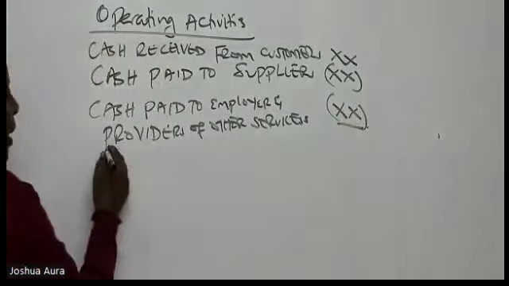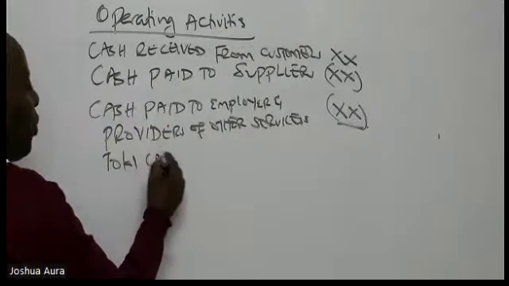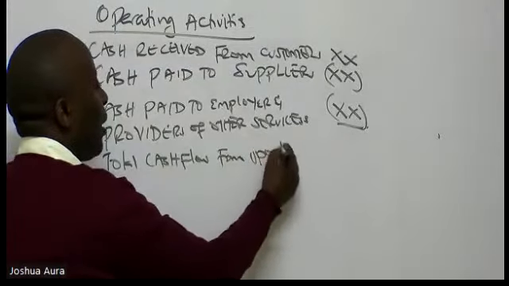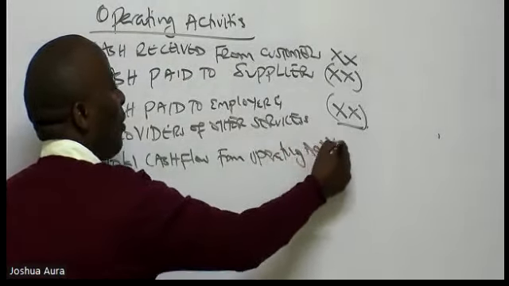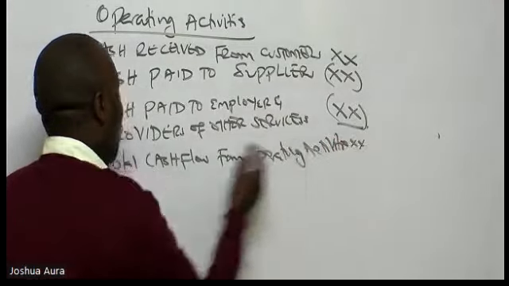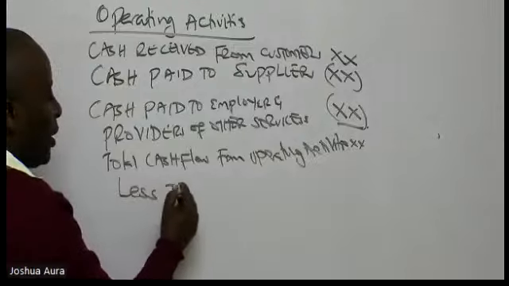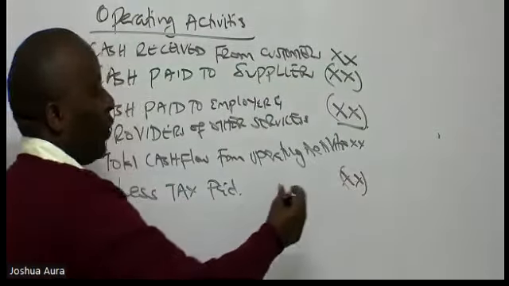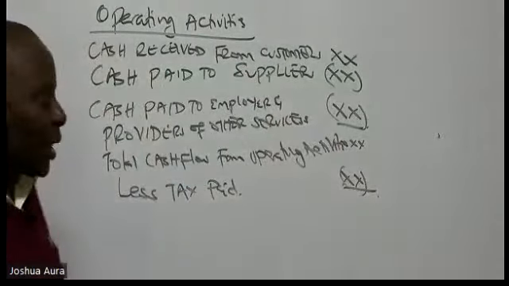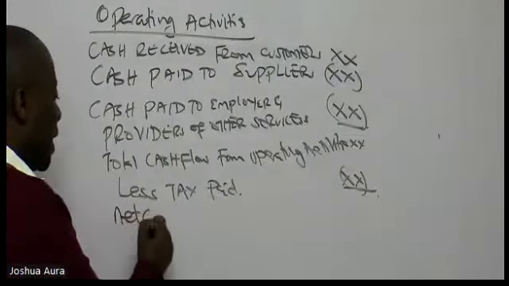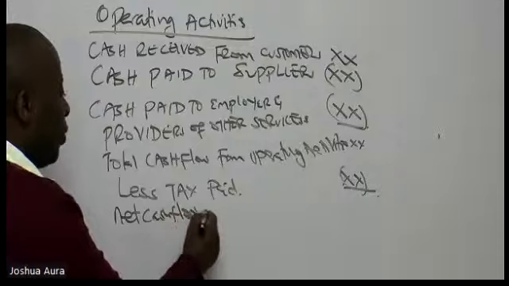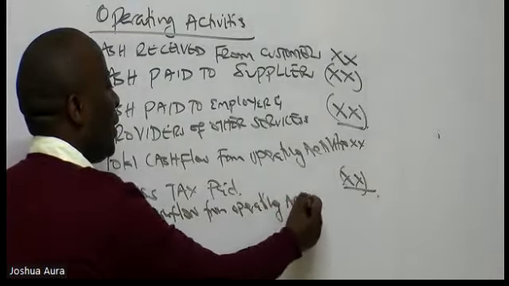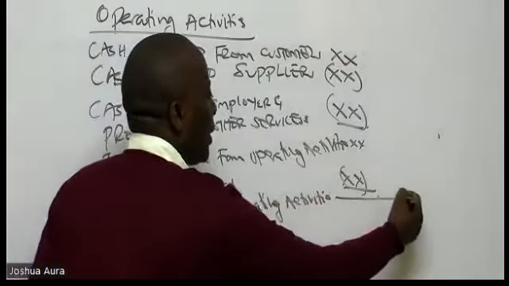And then we shall get our total cash flow from operating activities, from which we less the tax paid. Out of this subtraction, the net amount we shall get, we shall call net cash flow from operating activities, which we shall transfer to this other column.